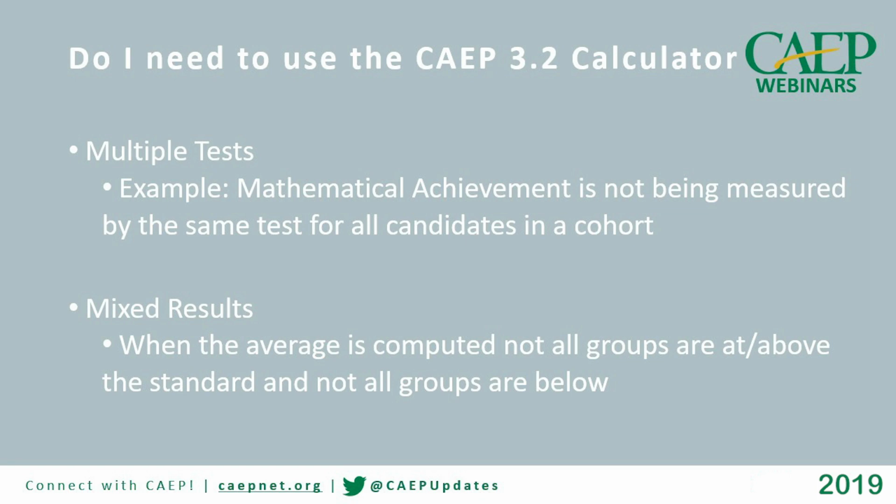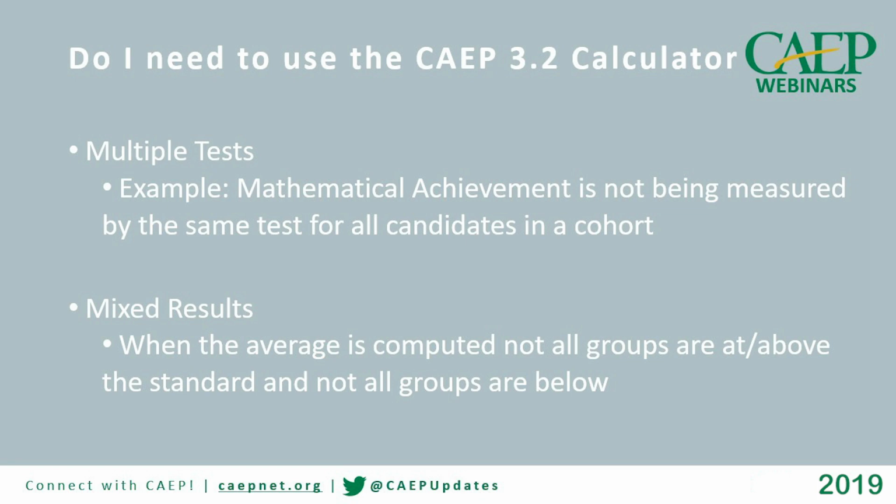EPPs can use the 3.2 calculator when they have a cohort with multiple tests, and furthermore, the results on those tests with respect to CAEP 3.2 are mixed. An example may be where a part of a cohort is taking the SAT for math, another part is taking the ACT for math, and a third is taking the Praxis score for the same subject.